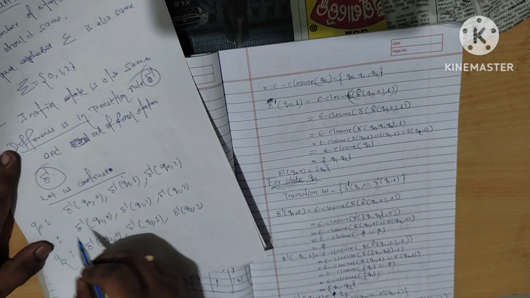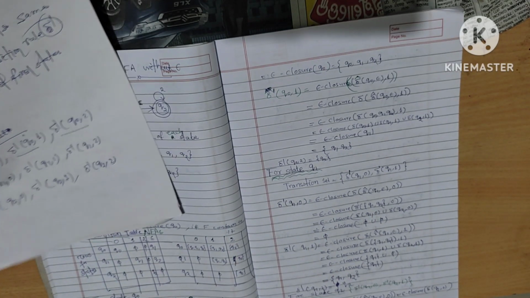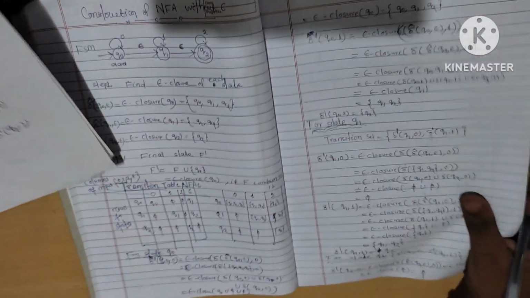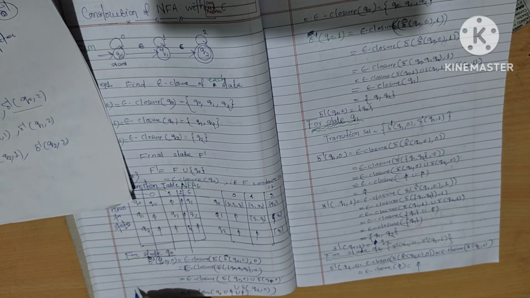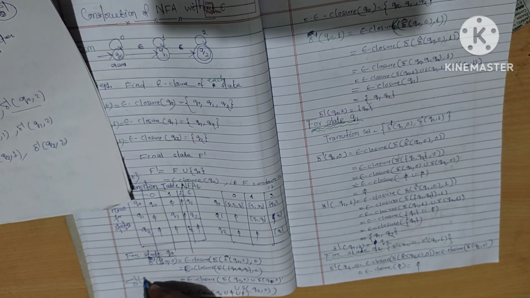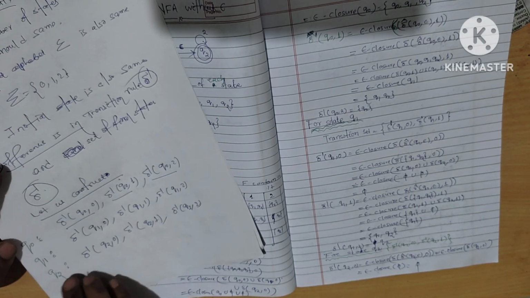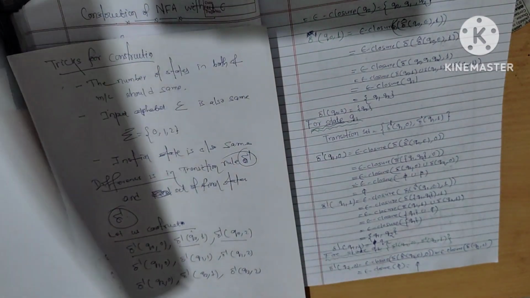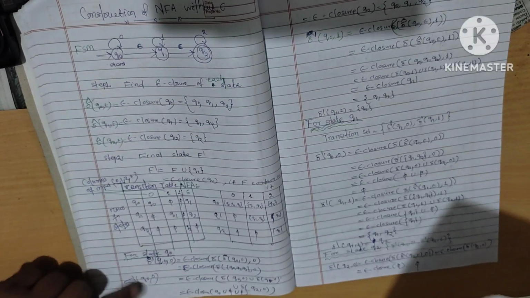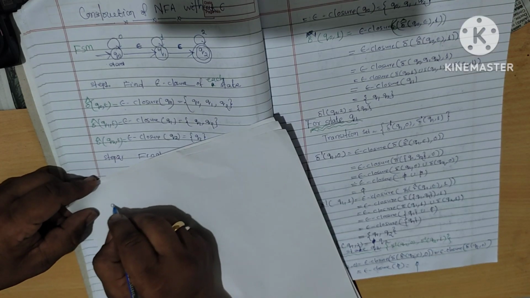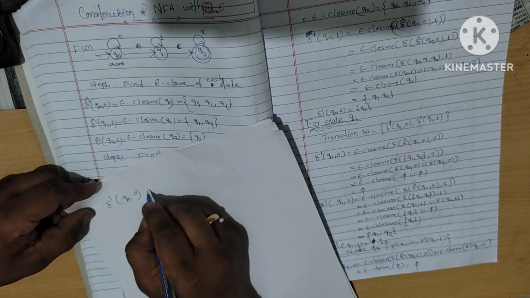Now this is very important. Now how are we constructing? See here, in this particular picture we have explained what this diagram is talking about, delta dash q0 on 0. What is the rule we have written here? I will show one of the examples of how it is written. That is, delta dash q0 0.